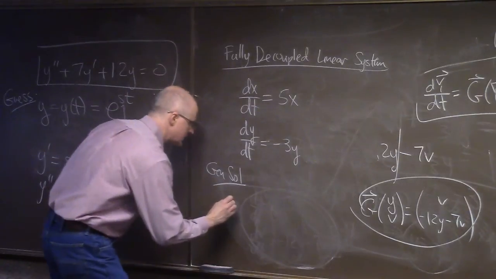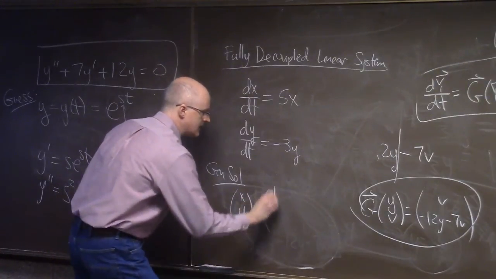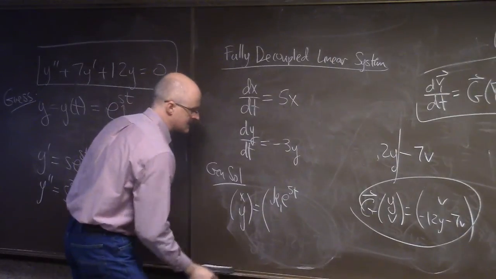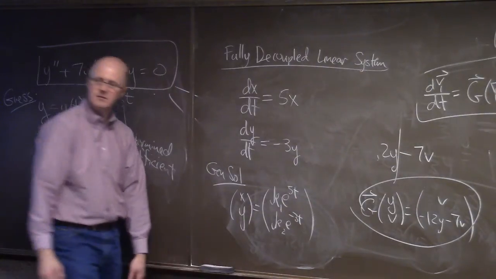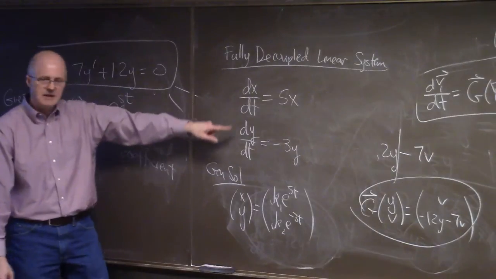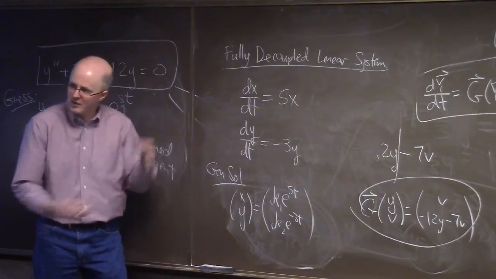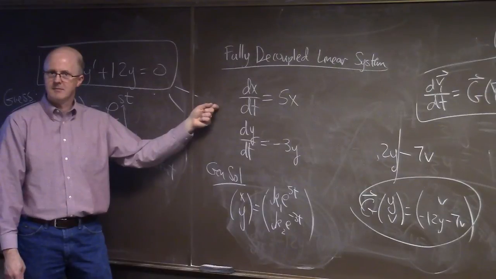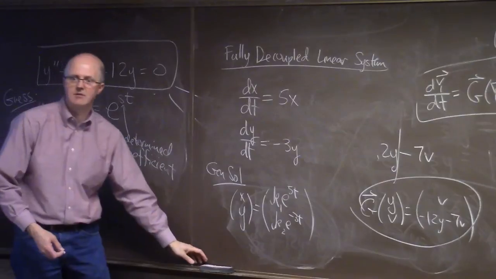The general solution, if I write it in column vector form, would be an arbitrary constant times e to the 5t for the x component, and an arbitrary constant times e to the negative 3t for the y component. Because you just think about each equation separately to get these two functions, and then put them together in a vector to get the general solution of the system. So fully decoupled systems like this are pretty easy to solve.